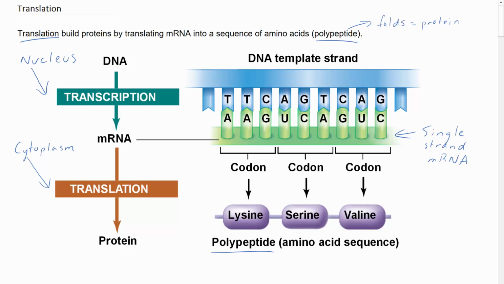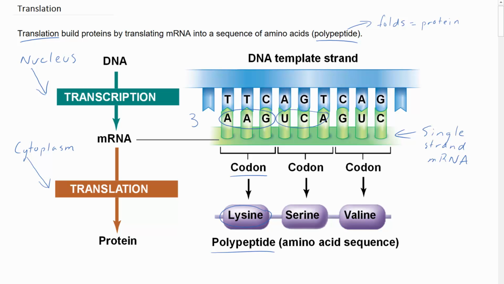There are 20 different amino acids that are used to form polypeptides in eukaryotic cells, and these are coded for by a specific codon. And a codon is simply a sequence of 3 nucleotide bases. So for example, this nucleotide base sequence of AAG specifically codes for the amino acid lysine.